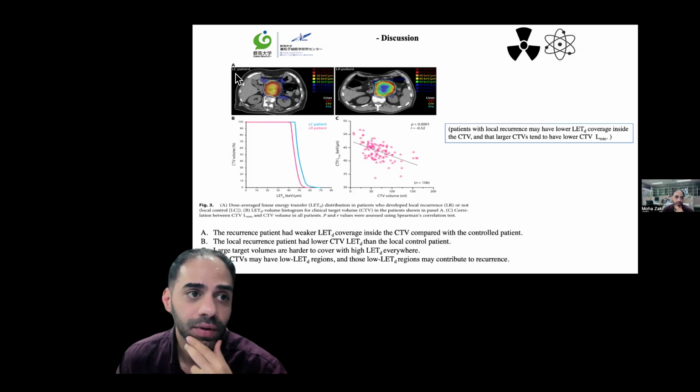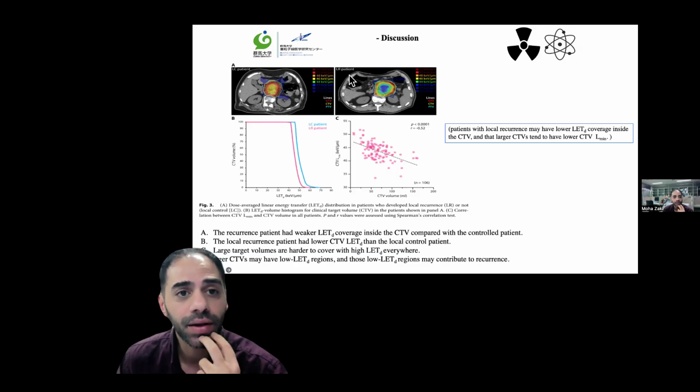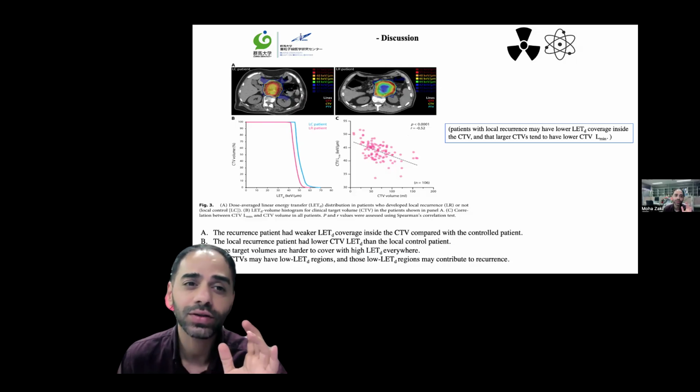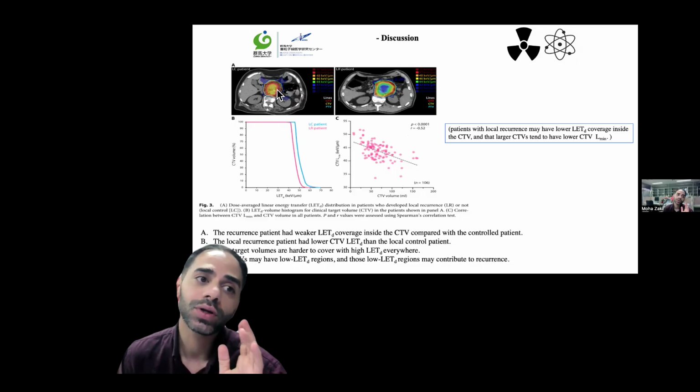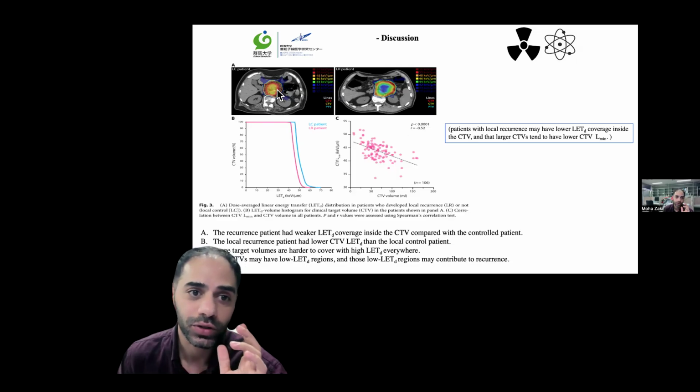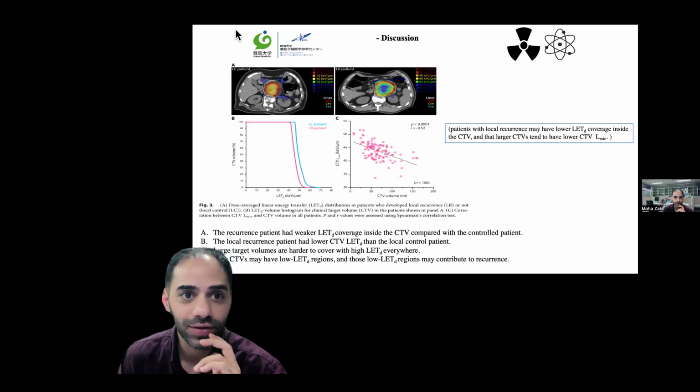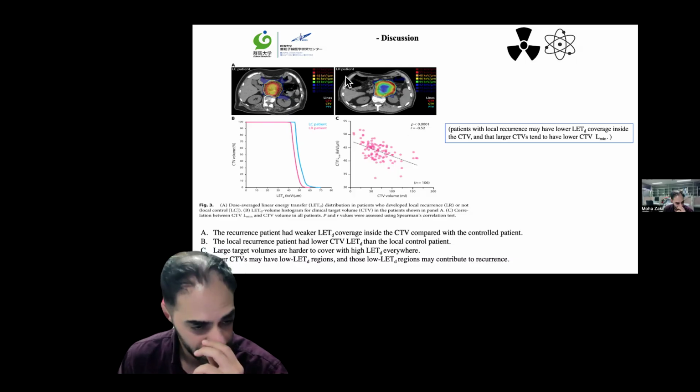A is the local control patients and the local reoccurrence patients on the other side. They saw the difference between the dose average LET distribution inside the CTV for both local control patients and local reoccurrence patients.